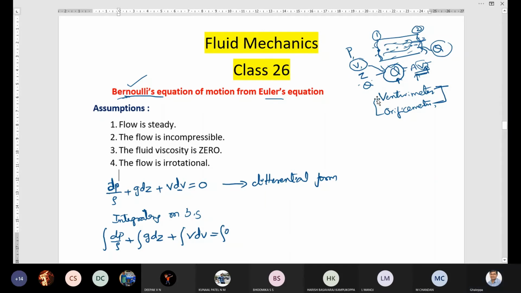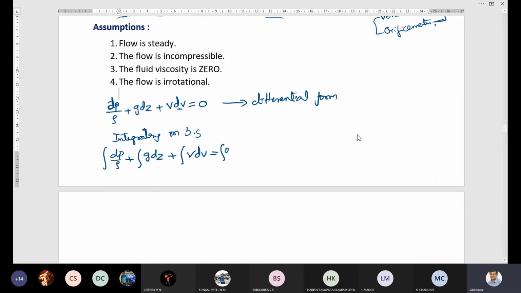Now what is the integration? After integration, integration and differentiation cancel. It remains pressure divided by density, plus g, which is a constant value, as it is.